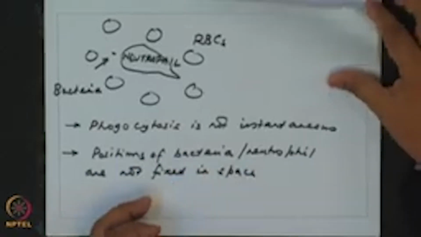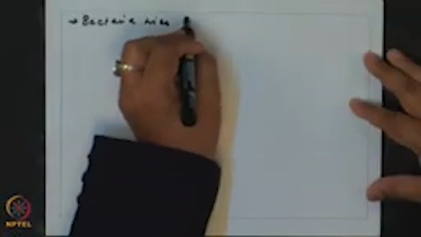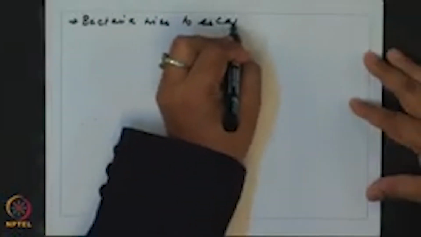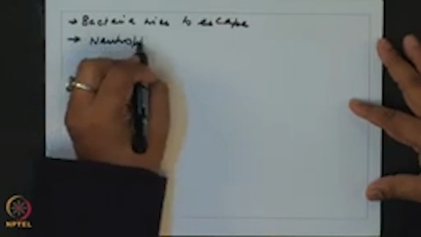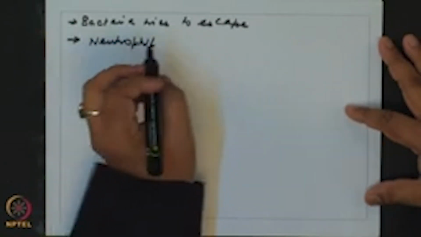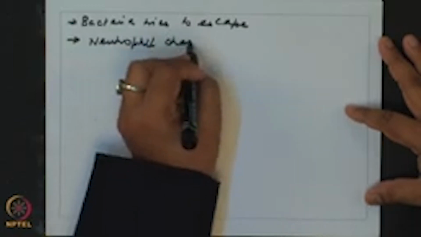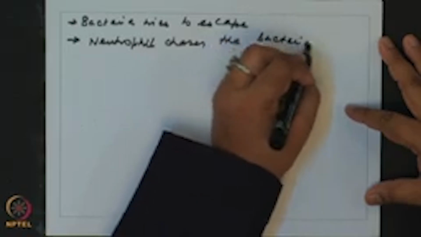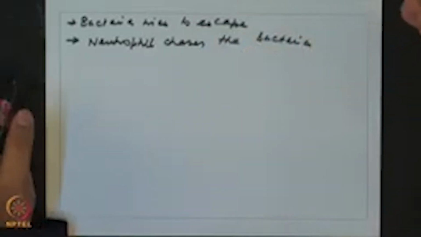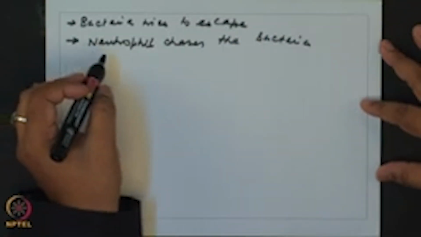Rather, the bacteria tries to escape and the neutrophil chases the bacteria. So, the process literally enacts like a cop chasing a thief.